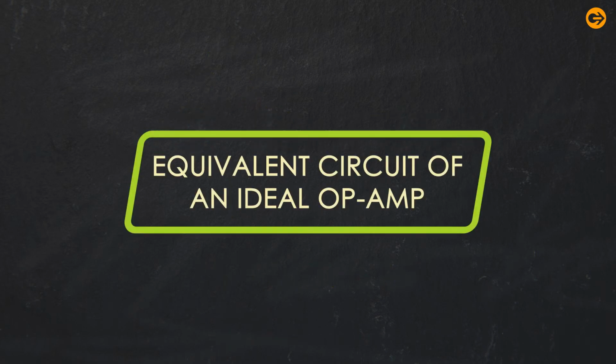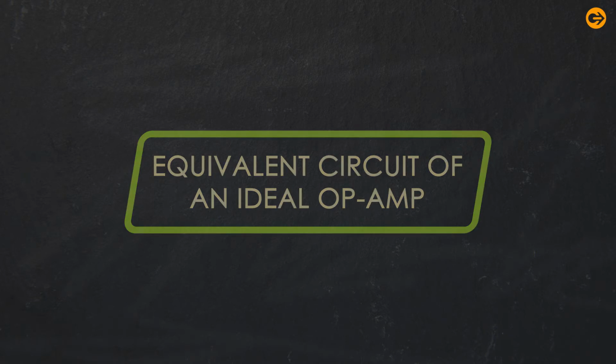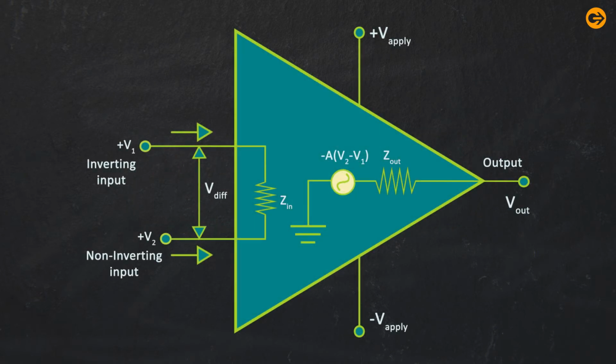Equivalent circuit of an ideal op-amp. The diagram represents an equivalent circuit of an ideal op-amp. The input voltage VDIFF is the voltage difference between V1 and V2. Zin is the input impedance, while Zout is the output impedance. The gain parameter is known as the open loop gain.